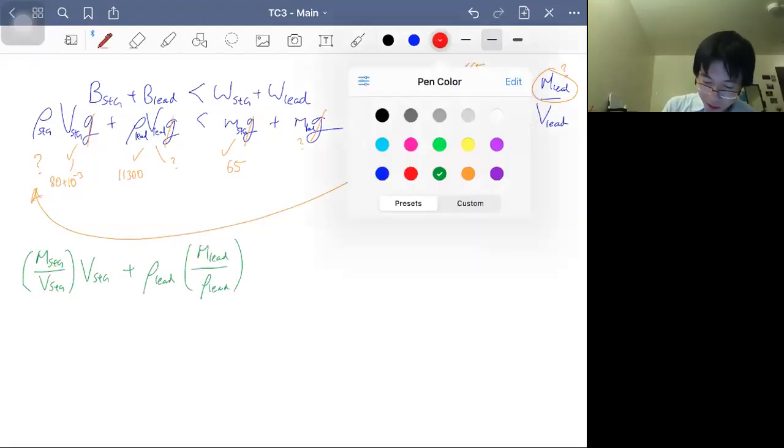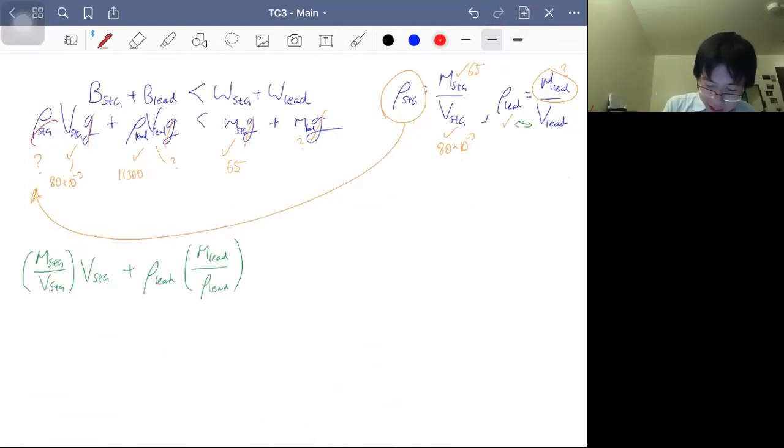This is what happens when you sew for 3 hours. This should be the water, the seawater density. It's the fluid that causes the buoyant force.